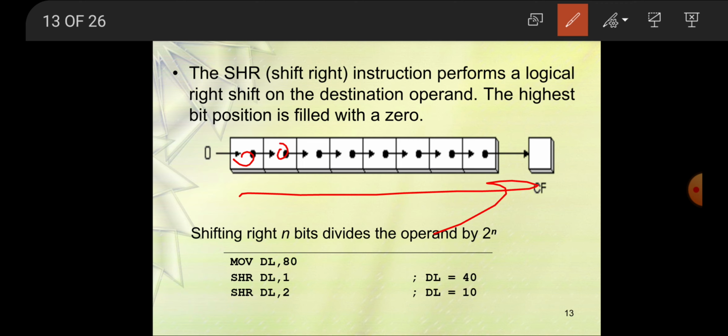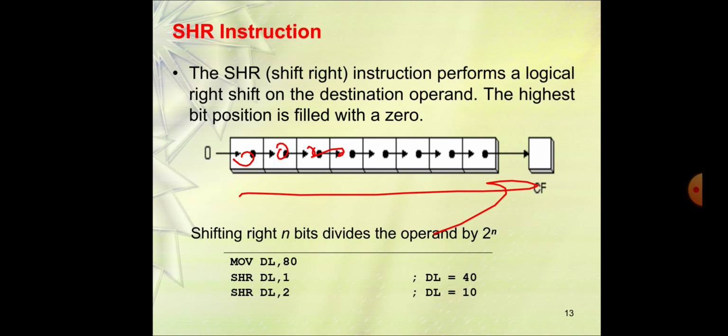The highest bit keeps being filled with zeros. Shifting right n bits divides the operand by 2 raised to n.